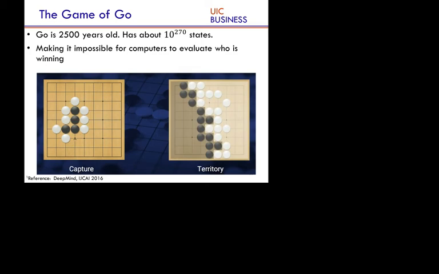And if the white player completely surrounds the black player's pawns, then those pawns are removed from the board. The game terminates when one of the players has conquered the most territory on the board. In this case, you can see that probably white has more territory than black. So that's it. That's the game of Go.